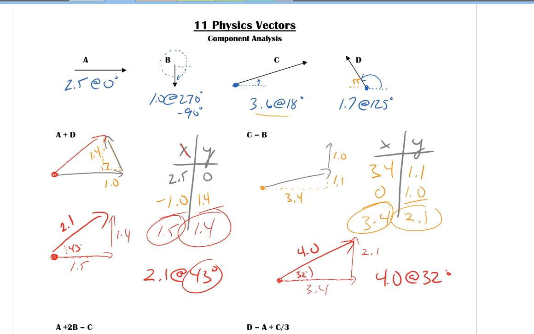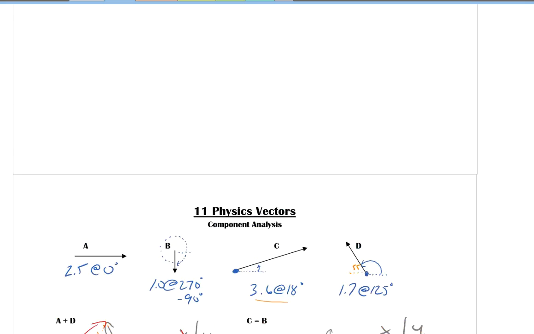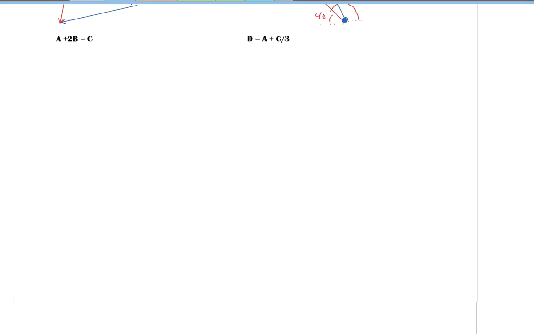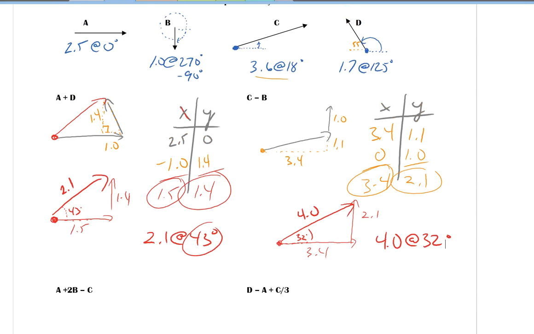And if we check the estimate we had last time from the sketching, it was 4 at 30. So there we had 4 at 30. Here we've got 4 at 32. So that's awesome. And of course, if we had done the sketching, we just drawn like this, and that looks pretty much the same, which is exactly what we want. Okay. All right. So let's try the next two.